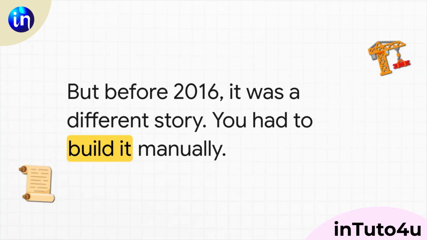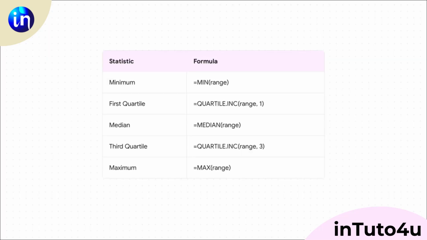So simple. But if you were working before 2016, there was no box plot button. No. If you wanted one, you had to roll up your sleeves and basically build the entire thing from scratch, piece by painful piece. It was less of a chart and honestly more of an arts and crafts project. First, you had to manually calculate all 5 of those key stats for your data, the min, the max, the median, and the first and third quartiles, using all these formulas.